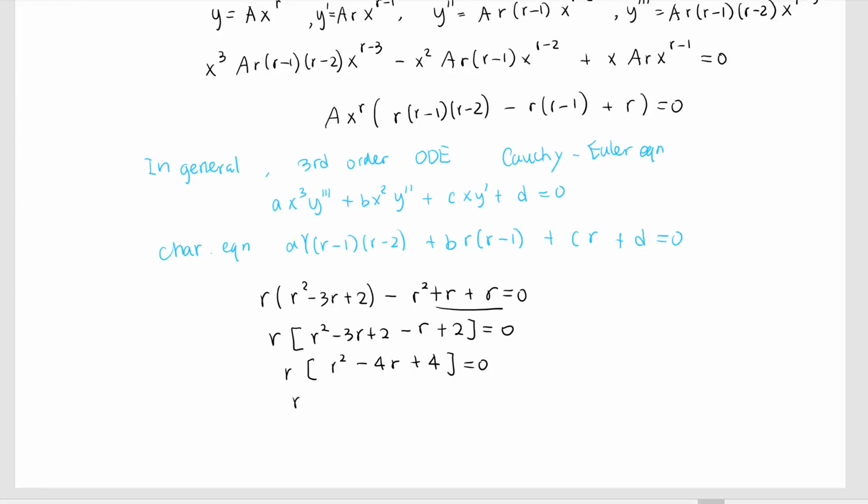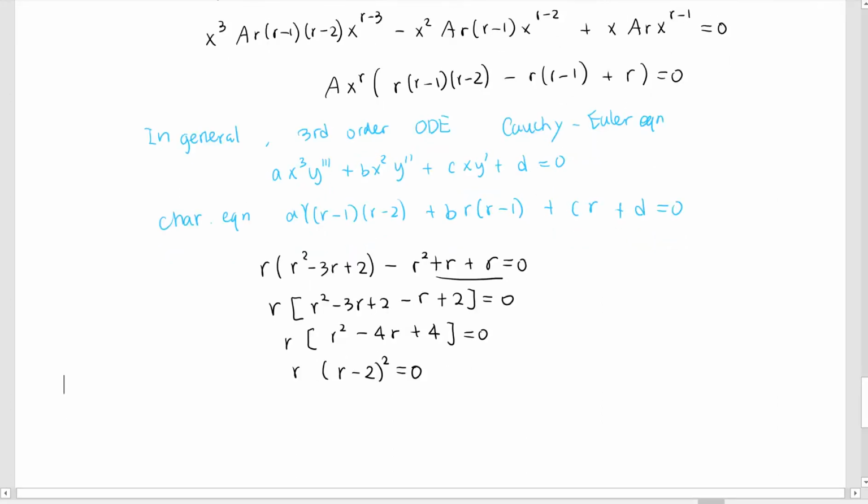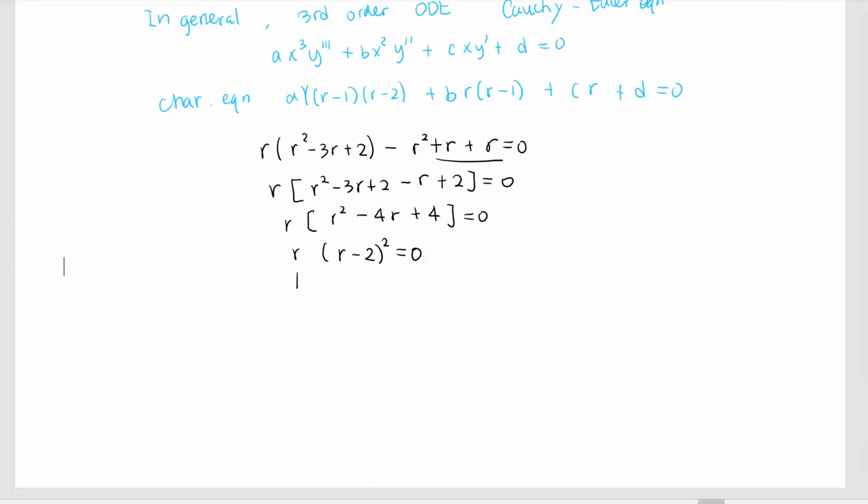And we can see that is a complete square, and this is how we can factor. And what are the roots? Well, this corresponds to r equal to 0.